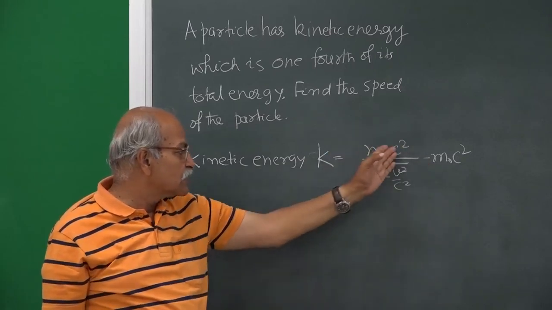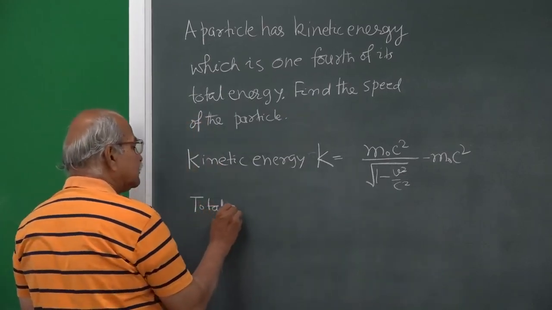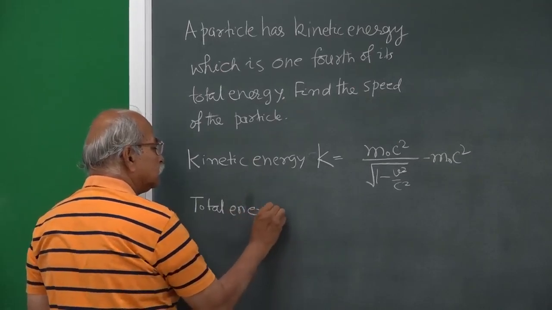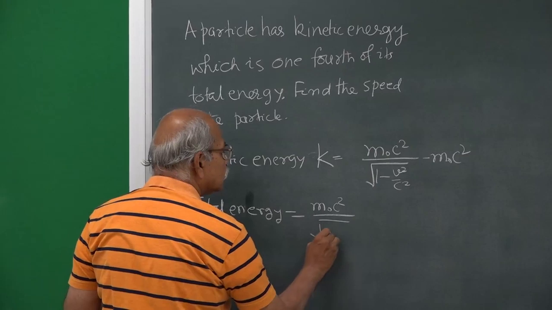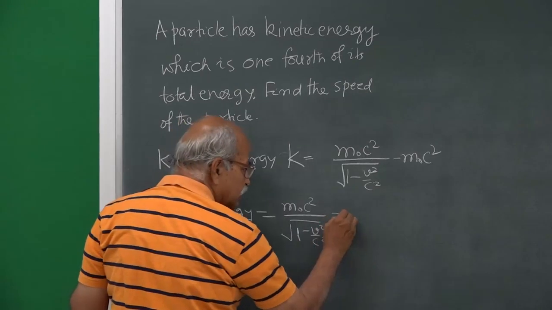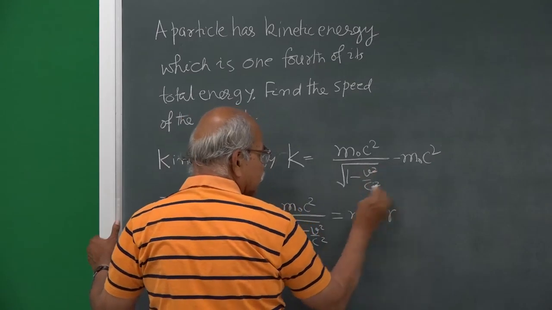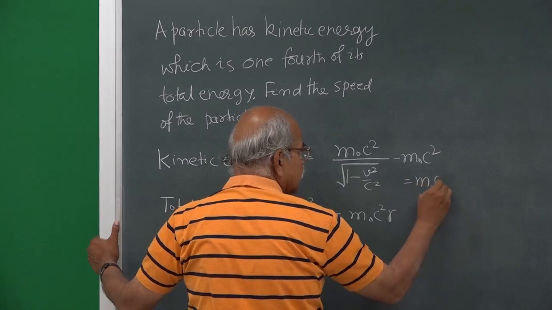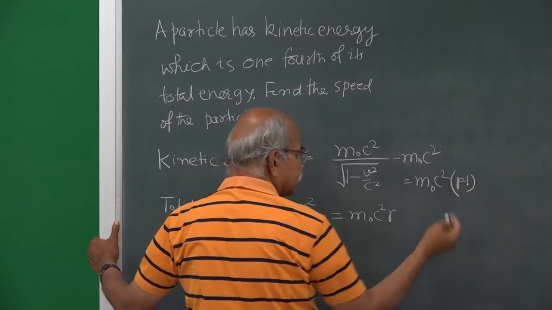Total energy is m0 c square divided by square root 1 minus v square by c square, that is total energy. You can write this as m0 c square gamma, and you can write this, if you take m0 c square common, as m0 c square times gamma minus 1.